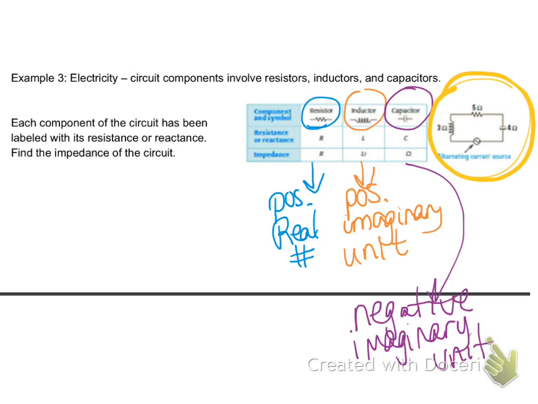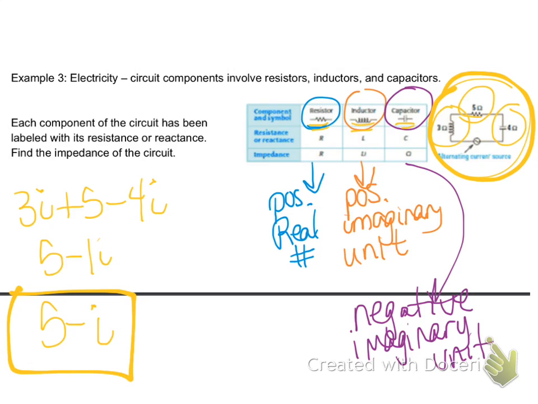So if we look at this first example, I have that coil. That means it's a positive imaginary unit, and there's a 3 in front of it, so it's 3i. That zigzag means it's a positive number, and there's a 5 in front of it, so plus 5. And then that symbol means a negative imaginary unit, so minus 4i.